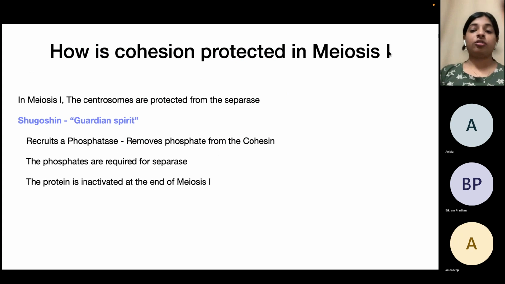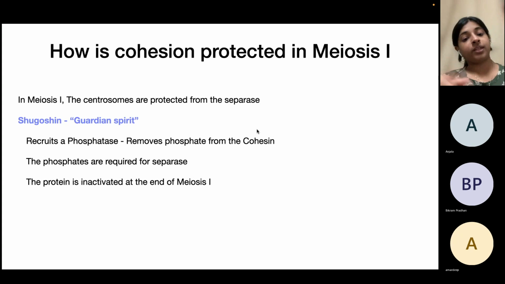However, in meiosis 1, there is this protein known as shugoshin, which is derived from a Japanese word that literally means guardian spirit. In meiosis 1, the centromeres are coated by these shugoshin proteins, which can recruit a phosphatase. This removes the phosphate from cohesin, and this phosphate is what is recognized by the separase, which then degrades cohesin.